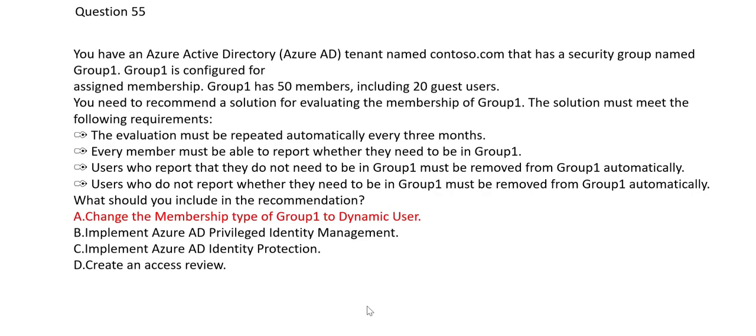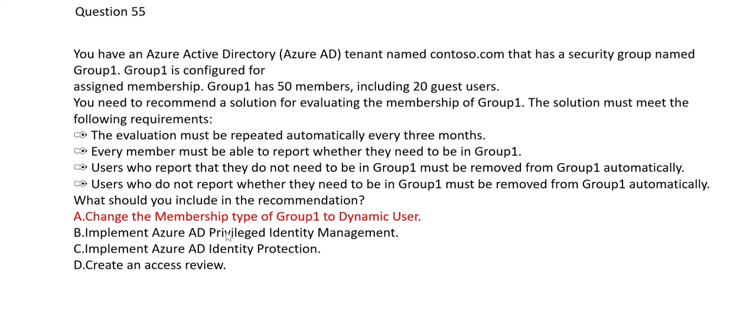So let's scan option A. One thing that is significant about this question is that there are too many requirements here. Too many requirements means too many rules. If you see the first rule, it says evaluation must be repeated automatically every 3 months.